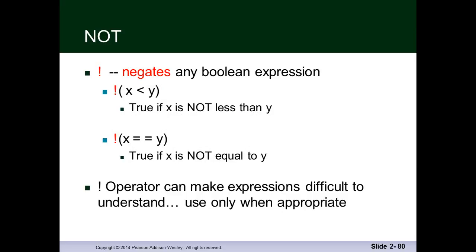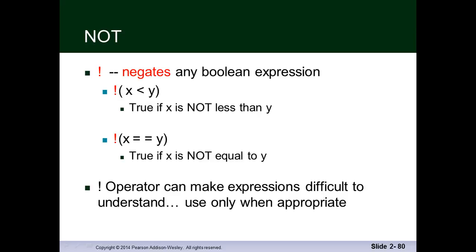We also have a third one, which is the not. This would be just the opposite. So if x less than y is negated, it's going to be the opposite. It's going to be very difficult to understand: if x equals y, then for the not to be true, x is not equal to y, so it's the opposite.